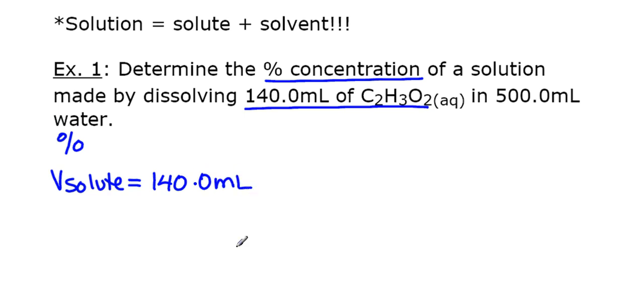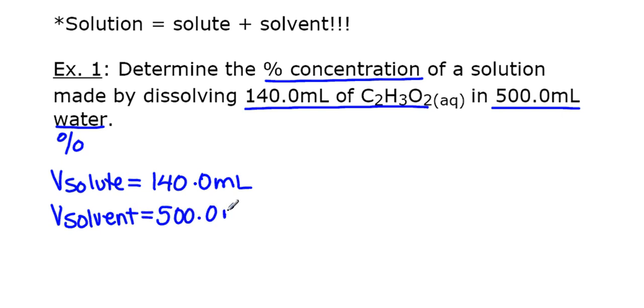Okay. Next, we've got another volume, but when we look at it, this is just water. This is the volume of our solvent. It's 500 milliliters. If we're finding percent here, since we see our two measurements are in volumes, that means our percentage will be volume percentage.